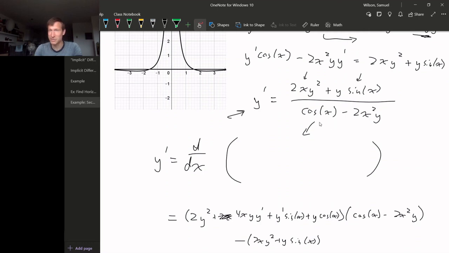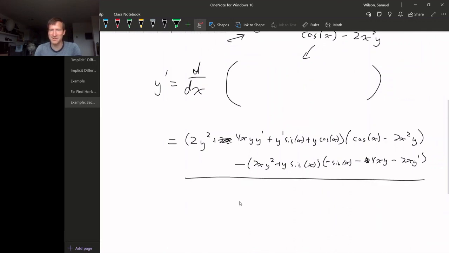So that times the derivative of the denominator. So that's going to be minus sine x. And then we have to do a product rule. 4xy minus 2xy prime. Okay, so all of that over the denominator squared. Cosine x minus 2x squared y all squared.